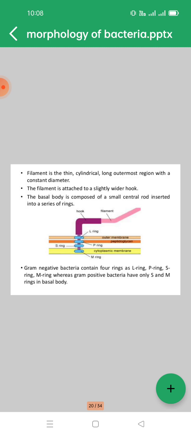Based on the gram reaction, bacteria are grouped into gram positive and gram negative. This arises from the cell wall nature, which determines the two groups, gram positive and gram negative.